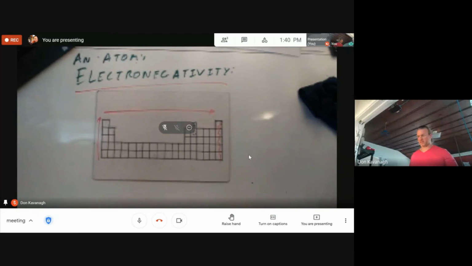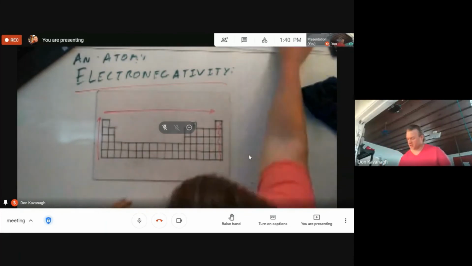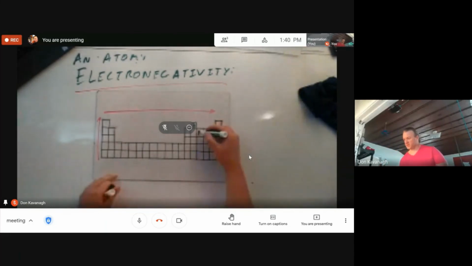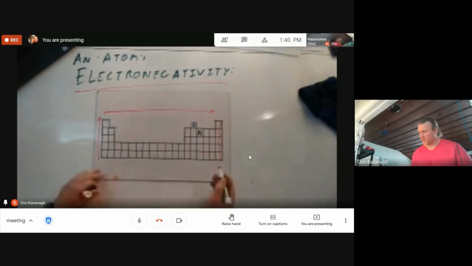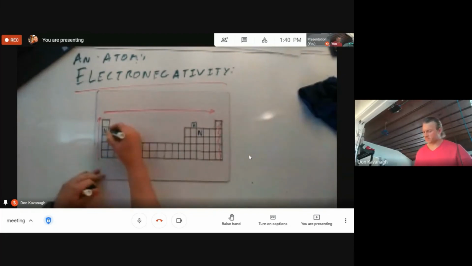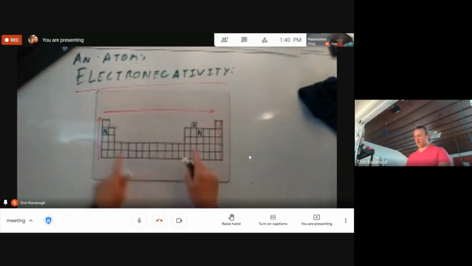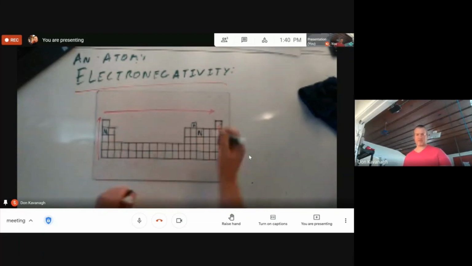So for example, if we were comparing nitrogen and sodium, which of these would have a higher electronegativity value? We would predict that nitrogen would have a higher electronegativity value because they're in the same row, and nitrogen is further to the right on the periodic table.